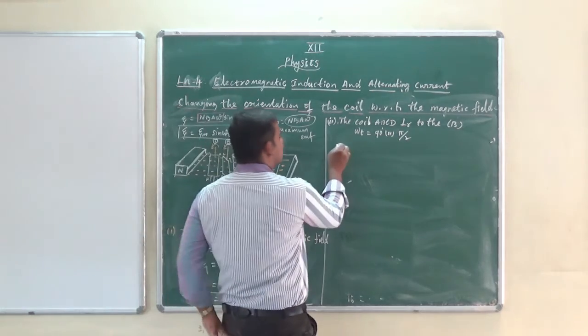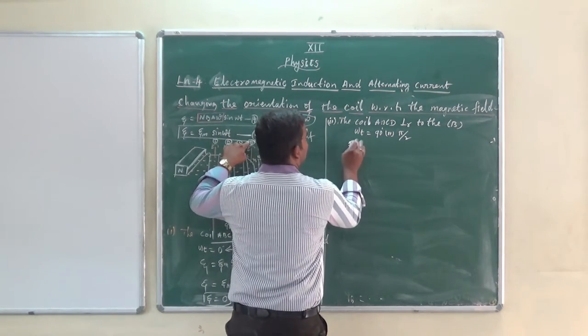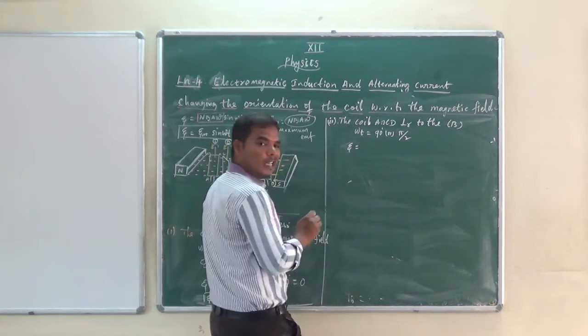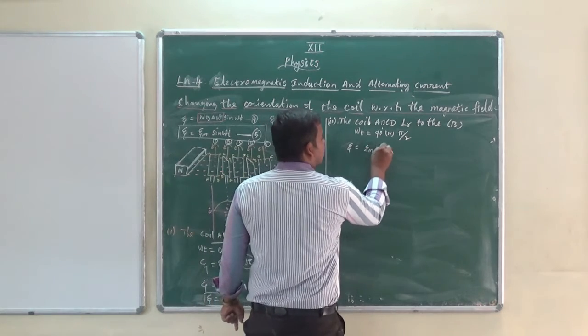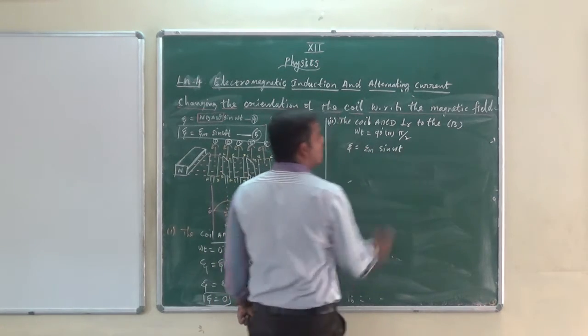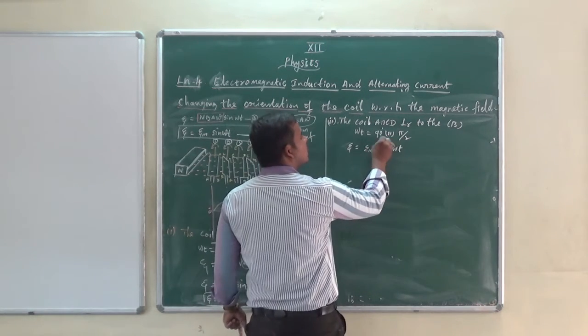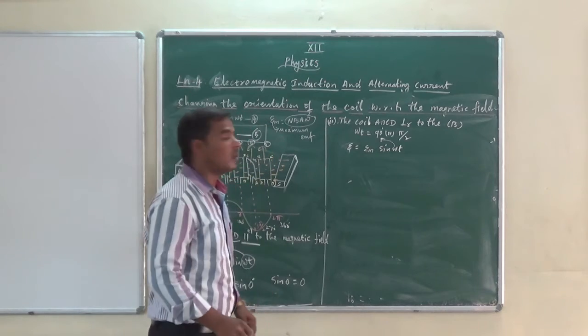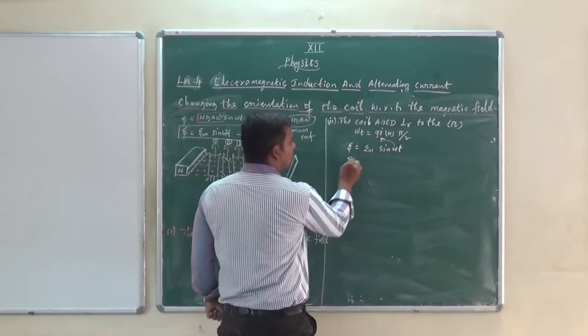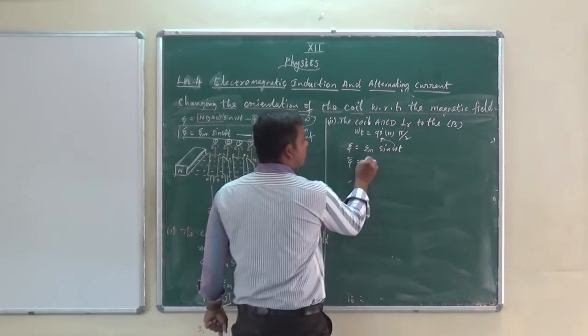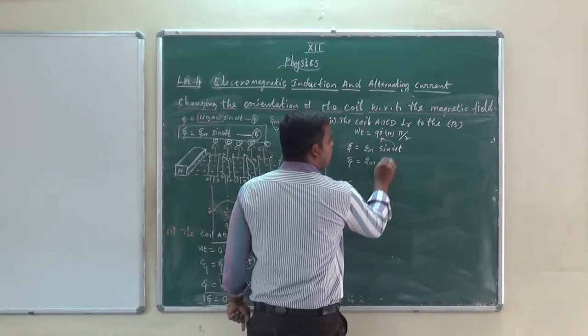Now substitute in equation number 5. The induced EMF is psi m sin omega t, and here omega t is 90 degrees. So the induced EMF is psi m sin 90.